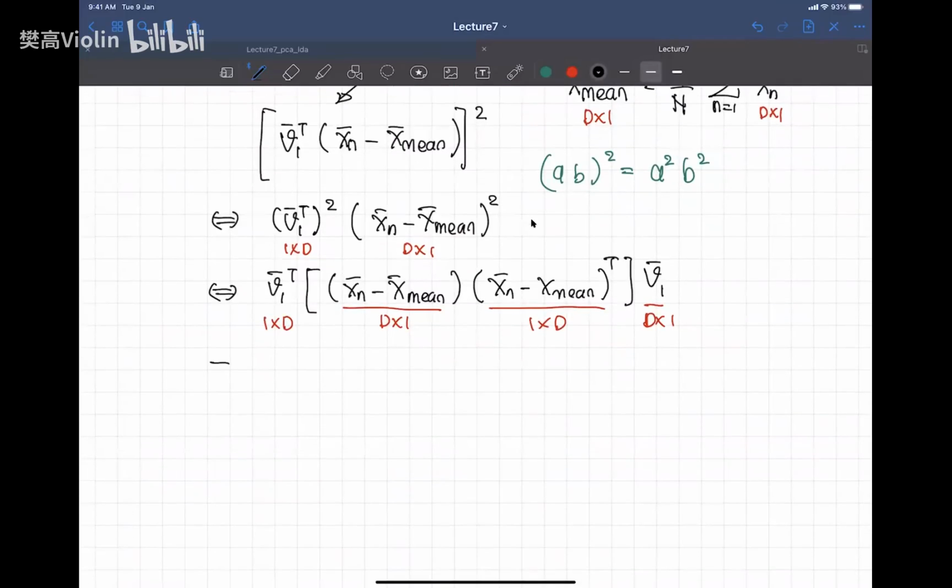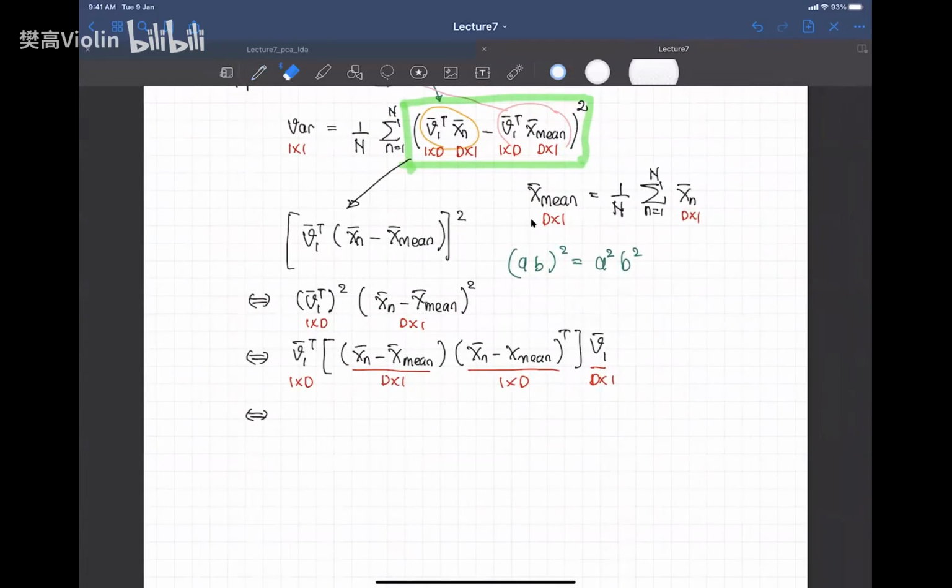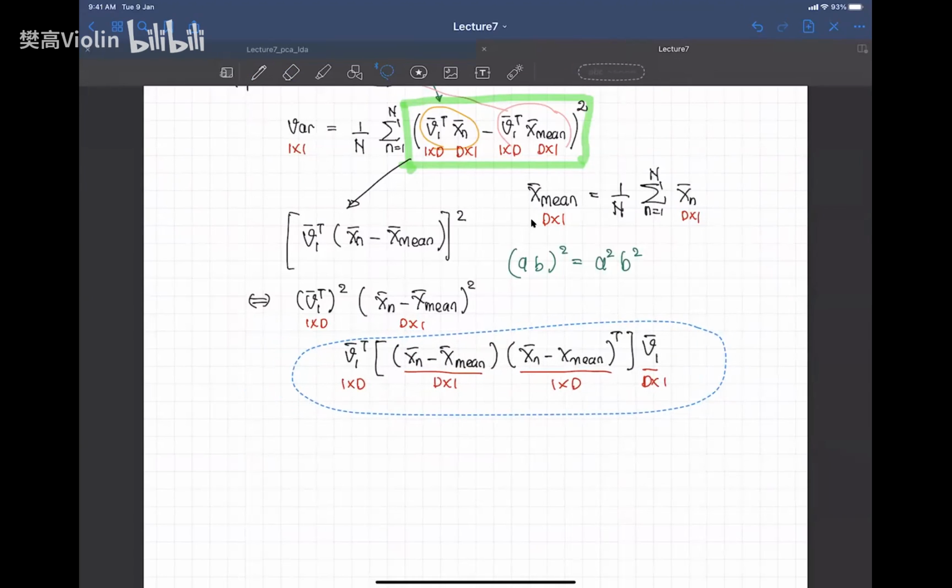Okay, let's move on to derive this further. Remember, in our variance, we want to maximize the variance. If I put in the whole variance equation, then I have to write 1 over n, sum over n.